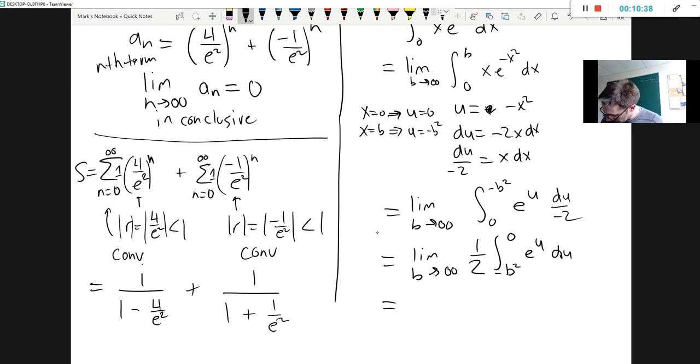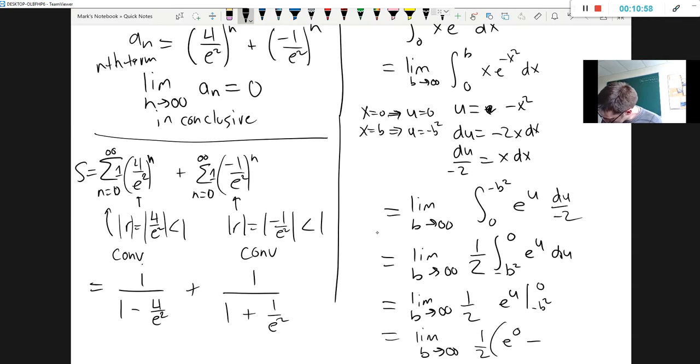Okay, that looks good. Now we can take the antiderivative. We'll have 1/2. The antiderivative of e to the u is just e to the u. And so when we plug in our endpoints, we'll get 1/2 times e to the 0 minus e to the negative b squared.